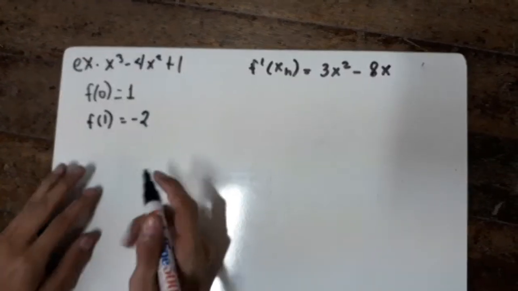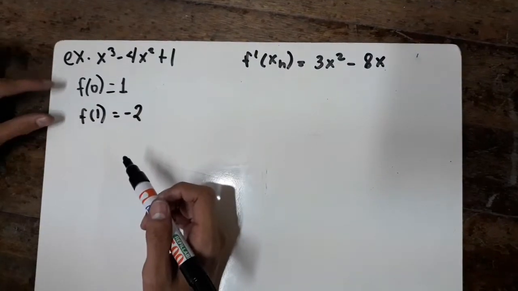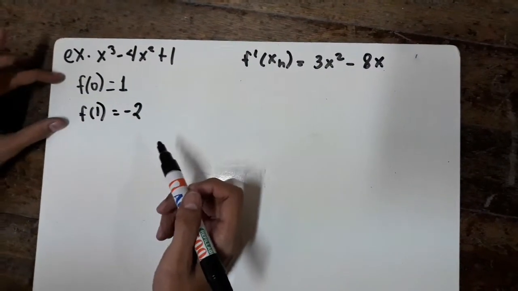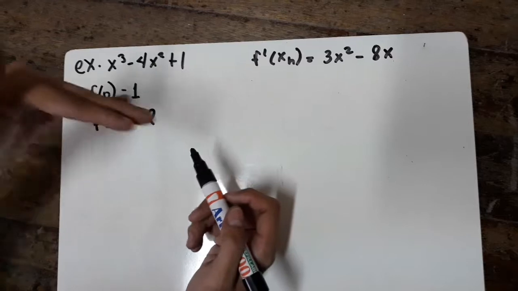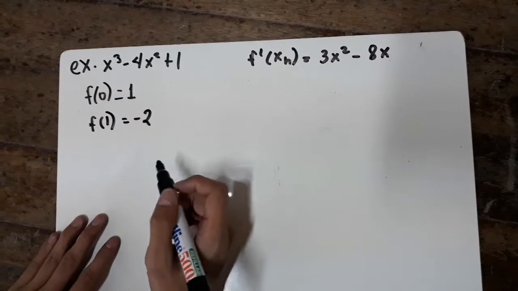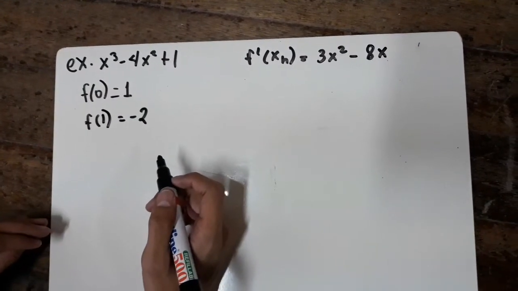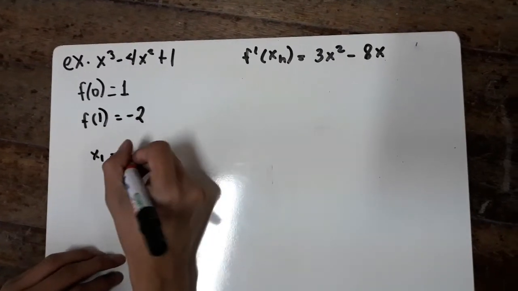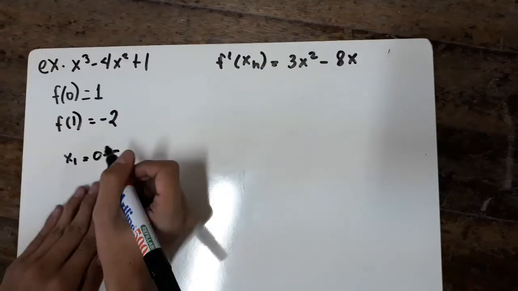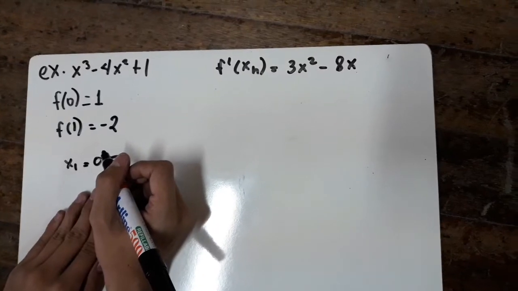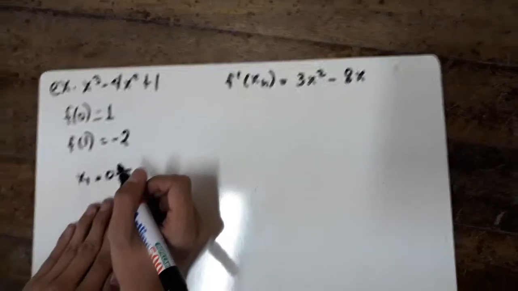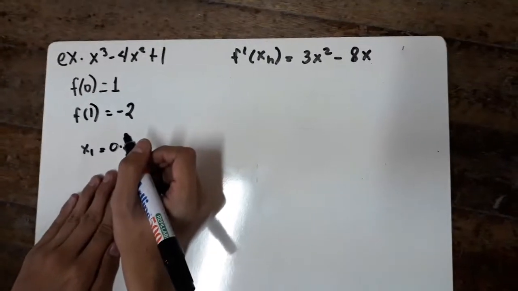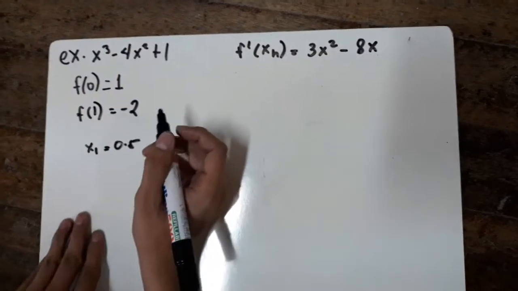Since we have these two interval values, we will get the half, or divide by 2. So 0.5 is our initial value for x sub 1, the x sub n.